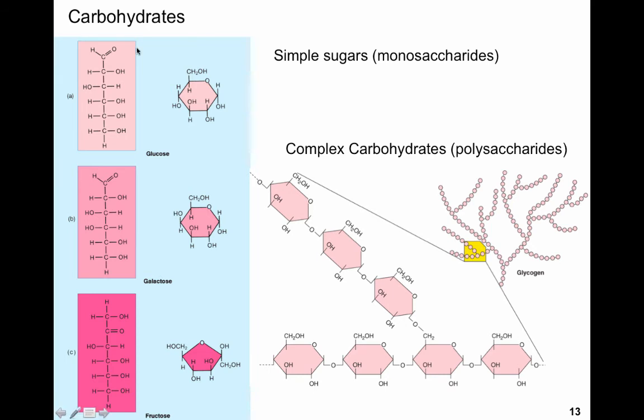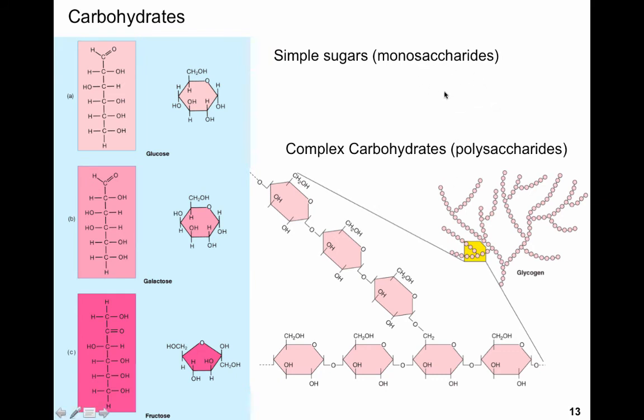And we see some examples of the 2 important categories of carbohydrates here. Simple sugars in the shaded region on the left. And then if we bind a whole bunch of those simple sugars together, we get complex carbohydrates, polysaccharides.